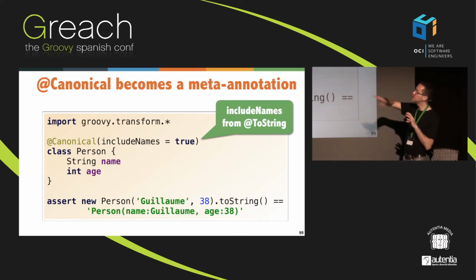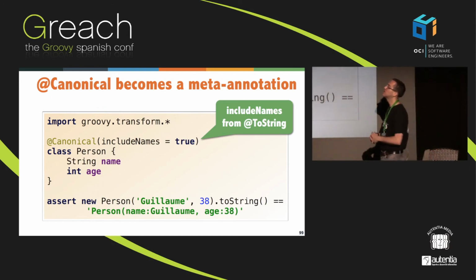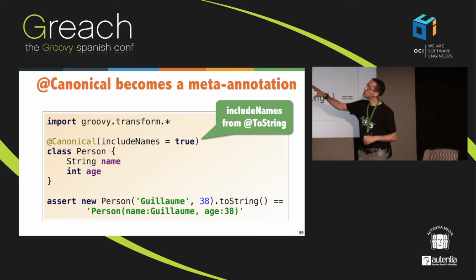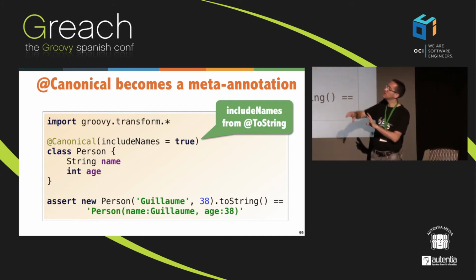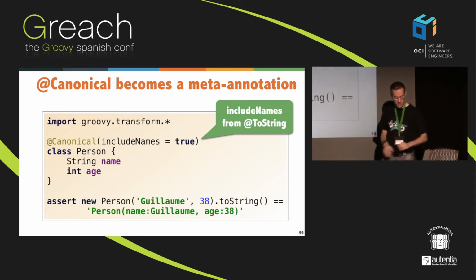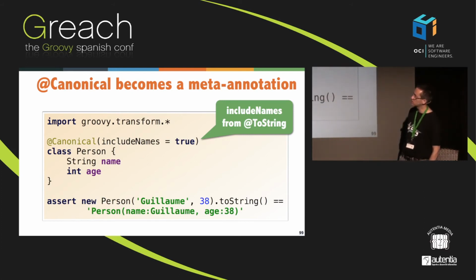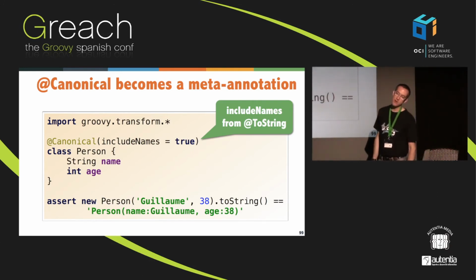So it distributes that to the right transformation. Before, if you wanted to customize @ToString, you had to add @ToString in addition and configure @ToString independently of @Canonical. So it's a little improvement. It won't change much when you use @Canonical, but for us that's much cleaner in terms of how we implement that.